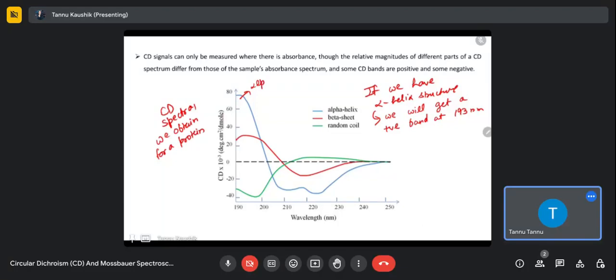This is alpha helix structure, where we will get a positive band at 193 nanometer and two negative bands at 218 nanometer and 222 nanometer. So these are signature bands for alpha helix structure, showing the secondary structure of the protein.